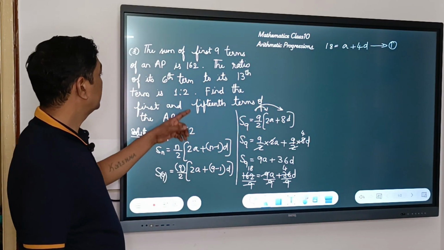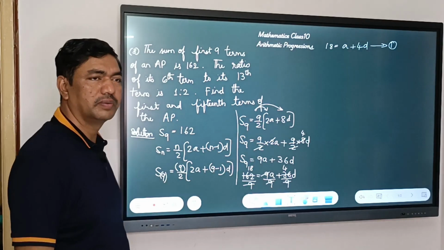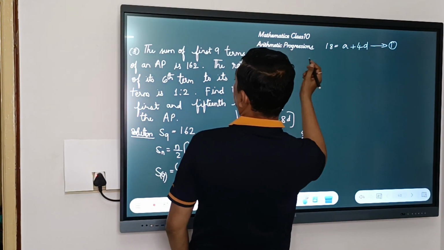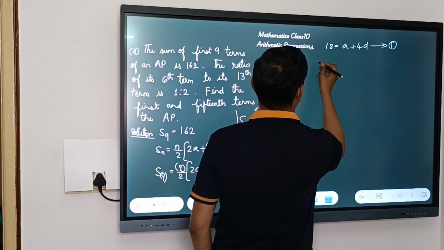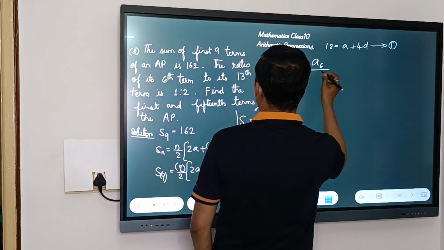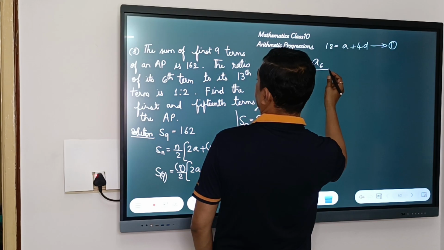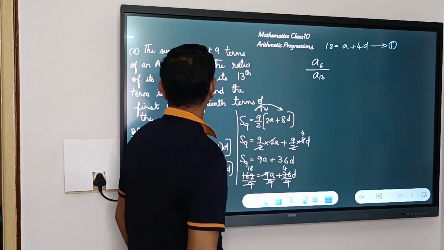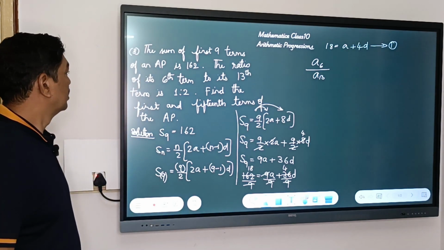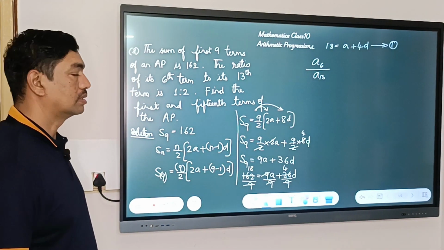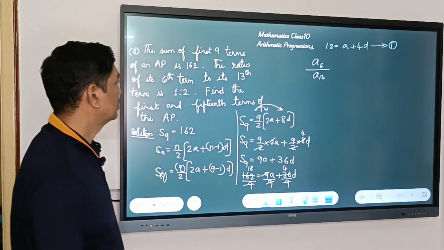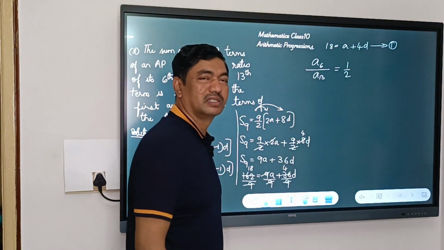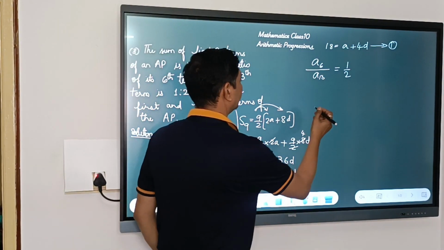Now next they have given the ratio. What is the ratio? The ratio of the 6th term to its 13th term, that is a6 by a13, is given as 1:2. The 6th term is a plus 5d, and the 13th term is a plus 12d.